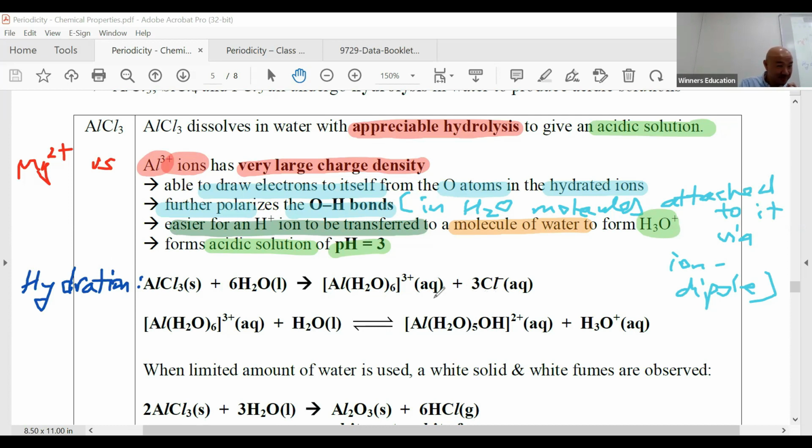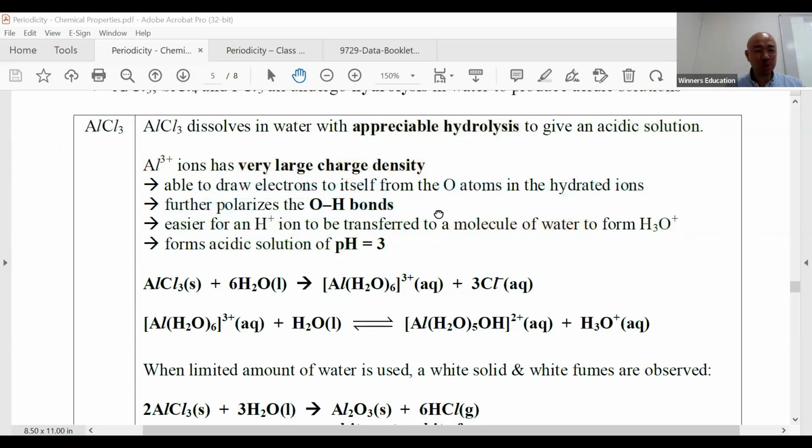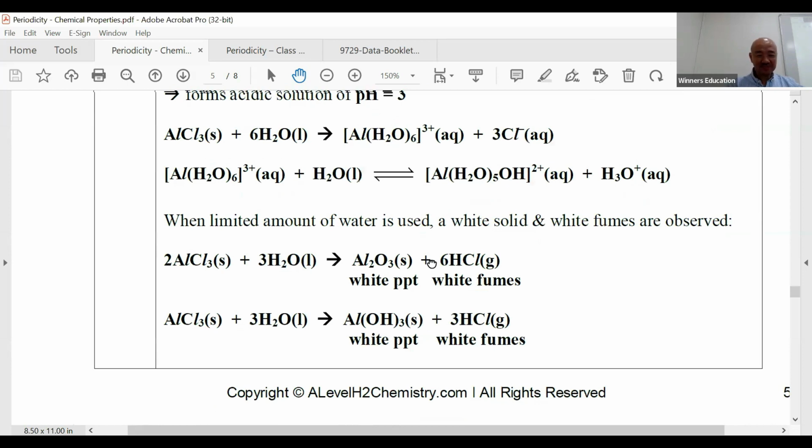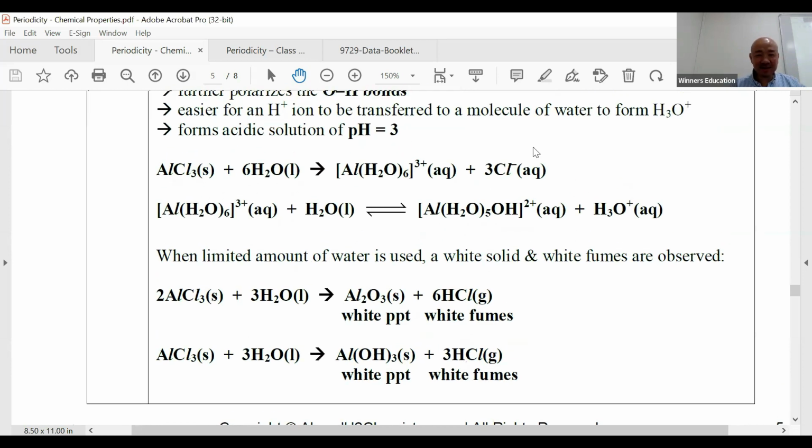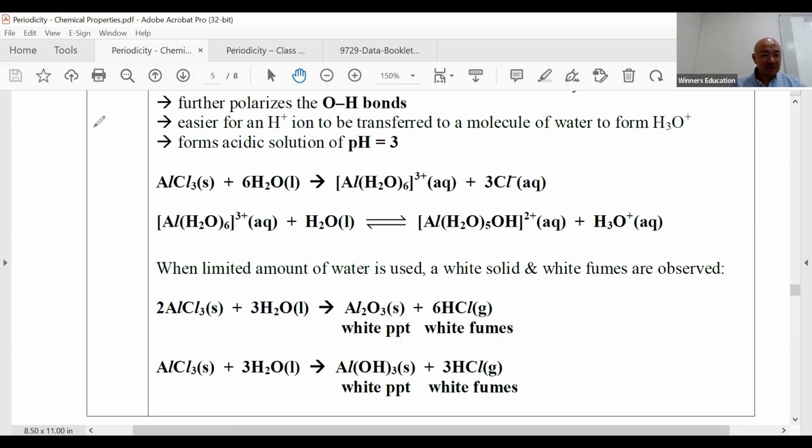Important now, this one, aluminium chloride. Okay, so once again, the story is it undergoes hydration, and then it undergoes hydrolysis. You look at the equation and everything looks similar to the one we just discussed.